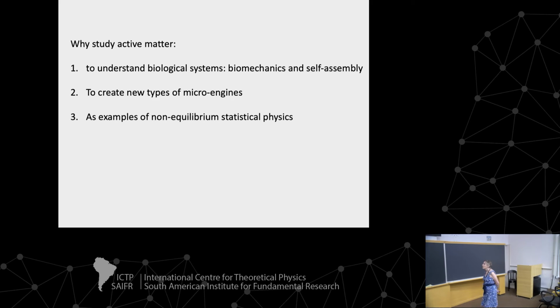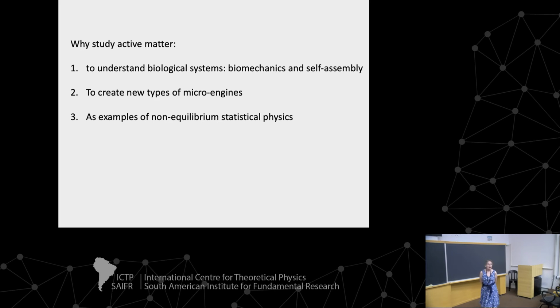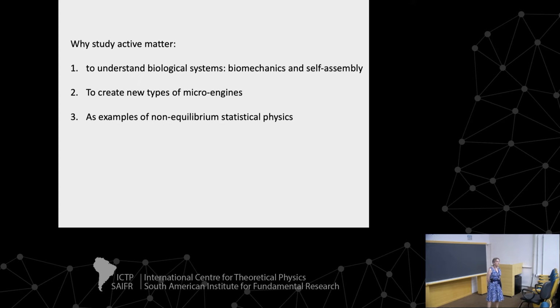Okay? So this is why we study active matter, at least why I study active matter. Biological systems do physics. And therefore, maybe physical principles are going to tell us useful things about biology. There's, of course, a long history of that, from the structure of DNA to ideas about Turing patterns, things like that. And biologists like detail and physicists like generic things, and putting them together, I think, could be very powerful.